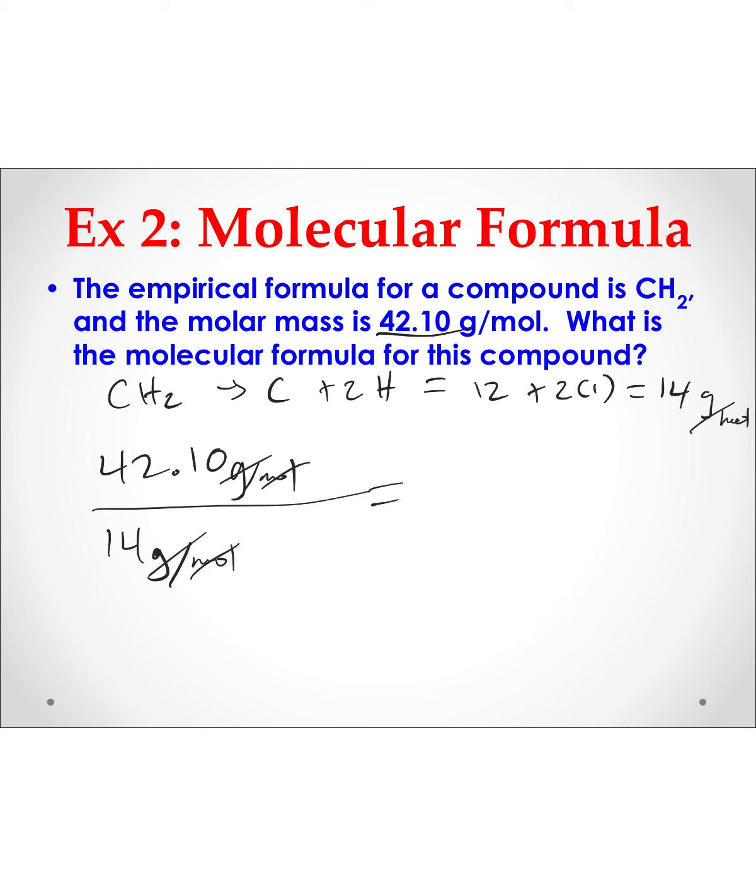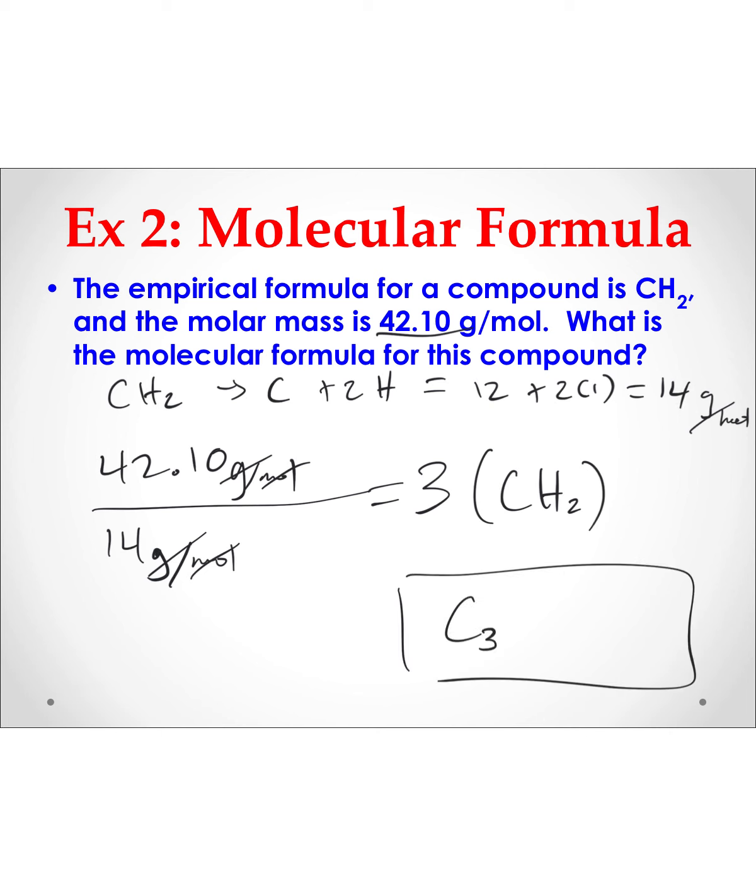In this case, 42 divided by 14 is going to be what? It should always be a whole number. If you get a decimal, you're probably doing it upside down. So in this case, it's going to be a nice 3. So the real formula will be 3 times the basic formula. I take the whole number that is calculated and multiply it by the empirical formula, so the final answer will be C3H6 in this case.